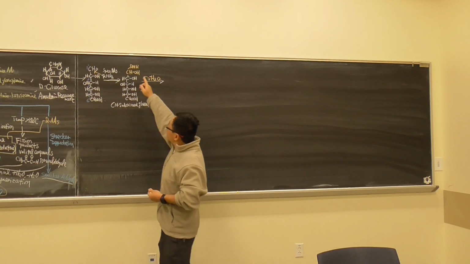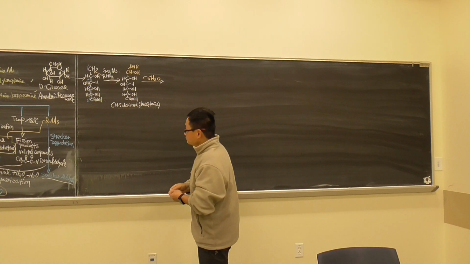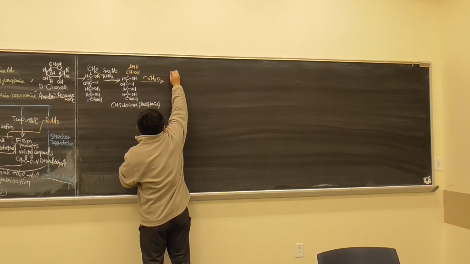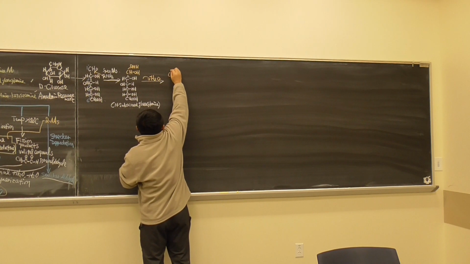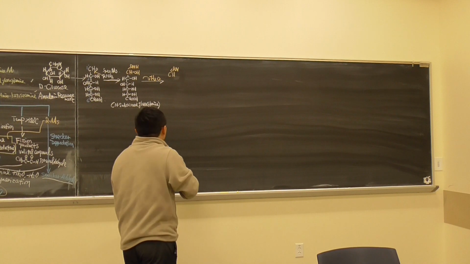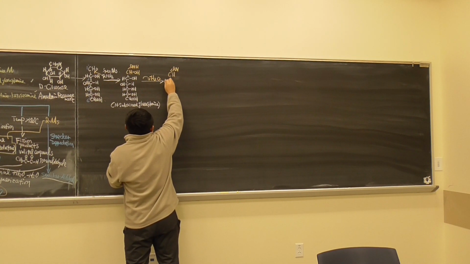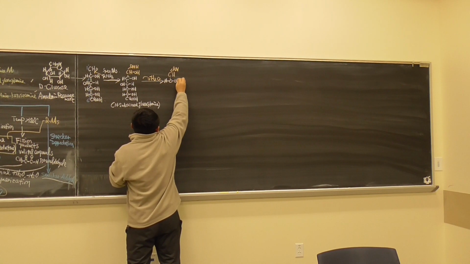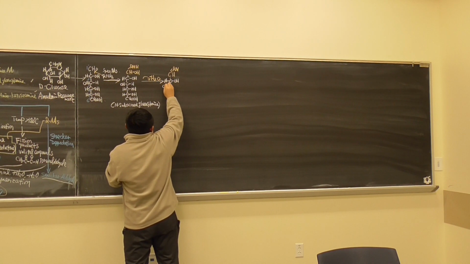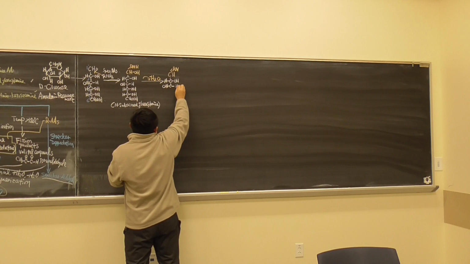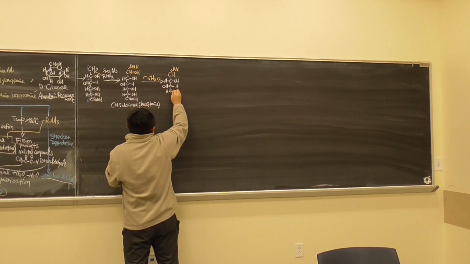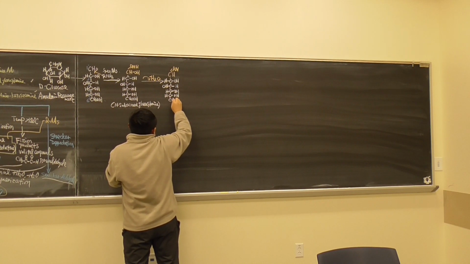This also happens at carbon number 1. So what does it look like? CH, double bond, ON, then going down, everything stays exactly the same. Don't do anything. H, OH, go here, OH, H, then go here, CH, OH, go here, CH, OH, CH2, OH.